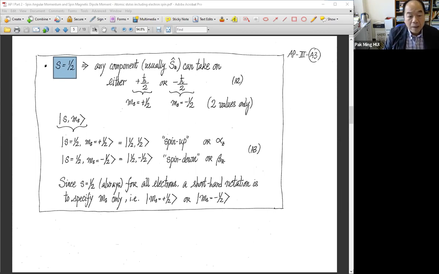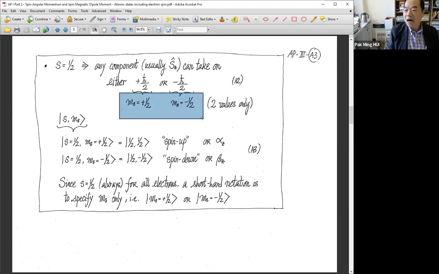Okay. And that comes with the Z component, or any component for that matter, can only take on two values because m_s can only be plus or minus half, given s is half. And that goes in agreement with experimental observations.